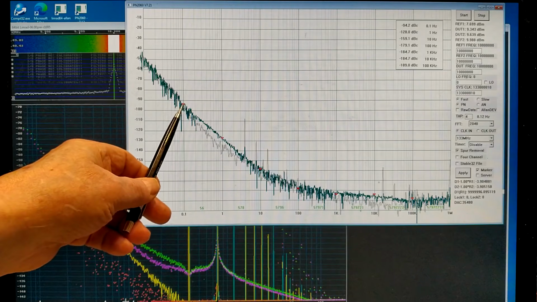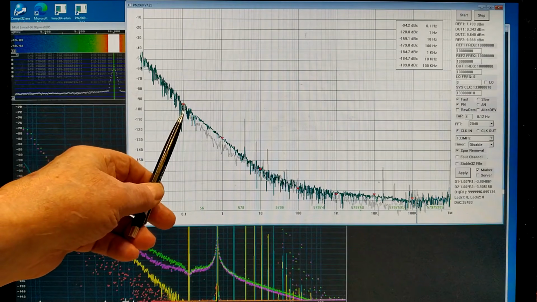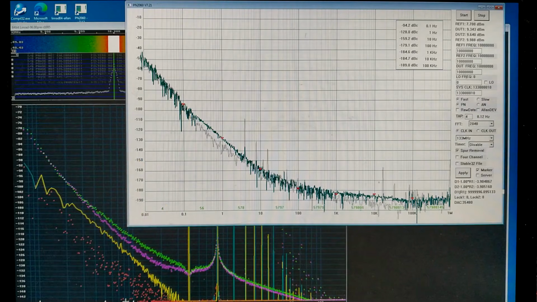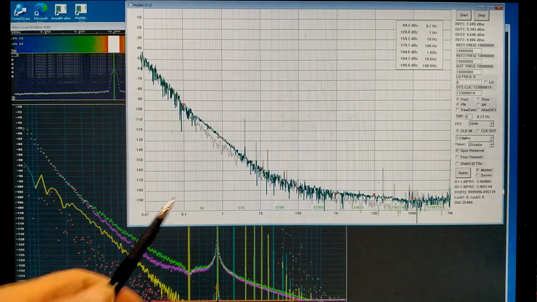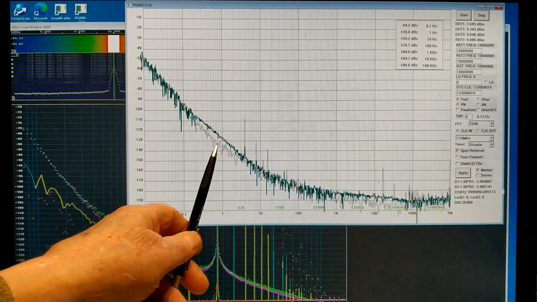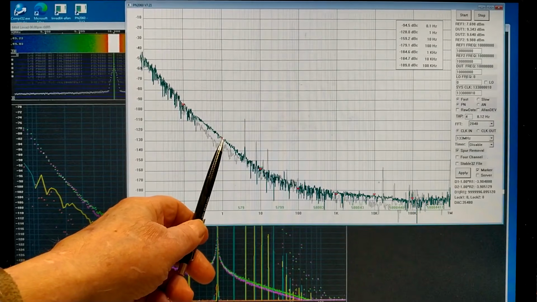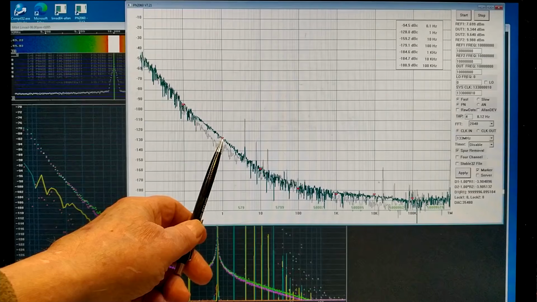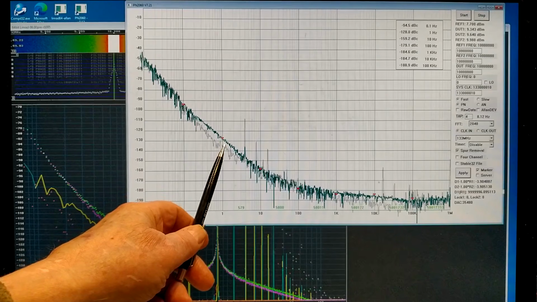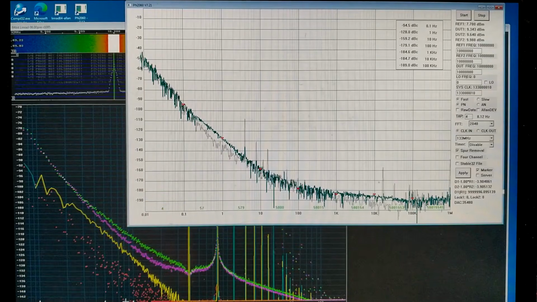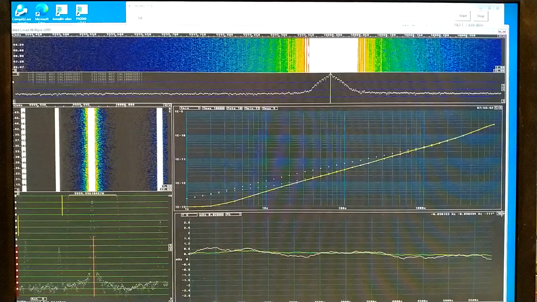And that is in agreement with what I see from the PN 2060. And the result at 1 Hertz here, it's not as good as before, but it's not bad. It is minus 128. And of course in agreement with what I see here.